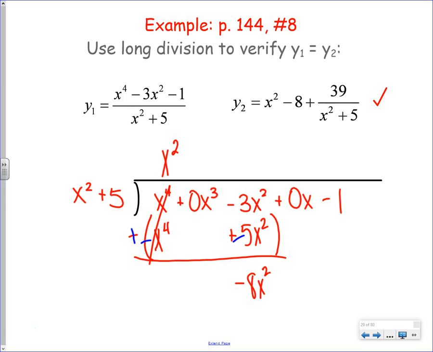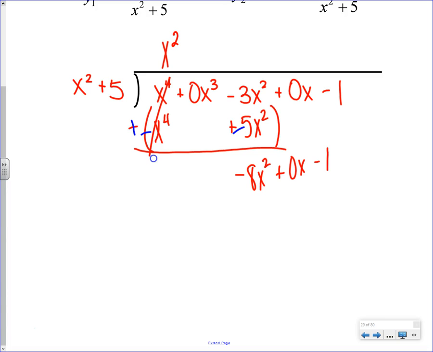No, I don't think we're going to need that guy. Maybe we'll need that guy. I just bring everybody down. Question, how many times does x squared go into negative 8x squared? Distribute.